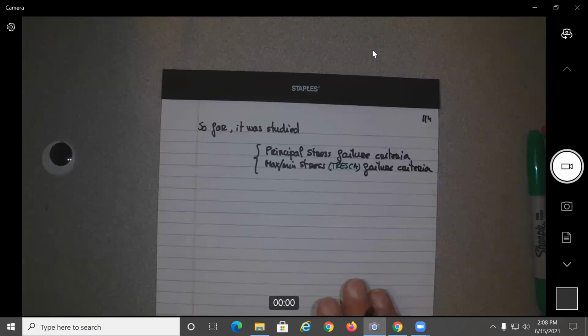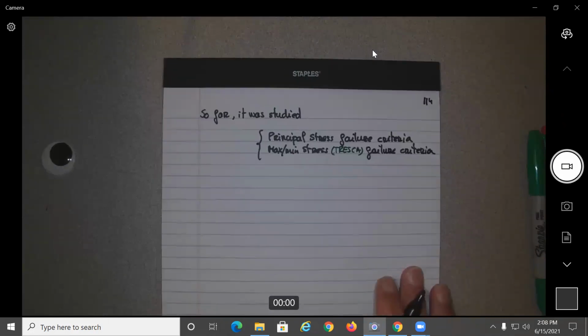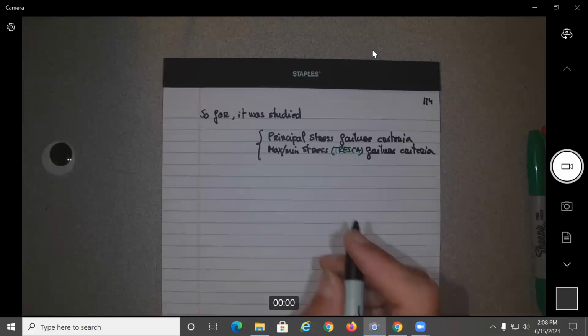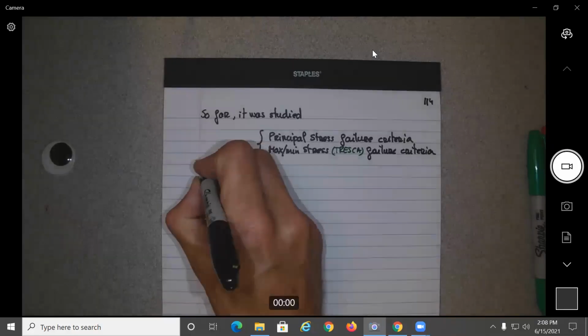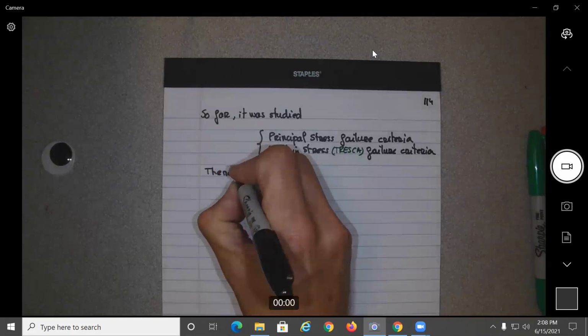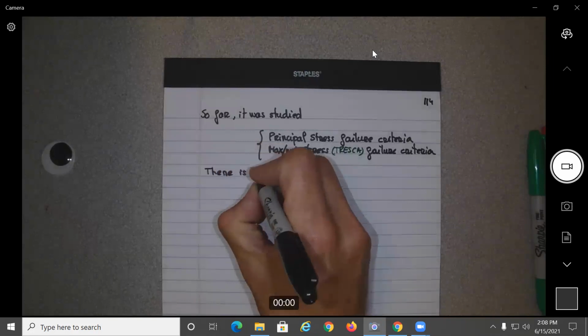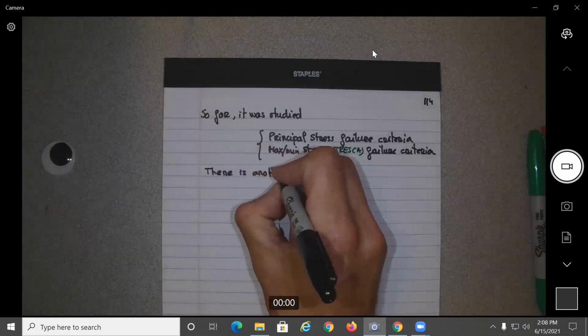So there is one more which is extremely important, which has different names. Okay, distortion theory, whatever you want, but generally it is known as the von Mises. There's an infinite number of failure criteria.